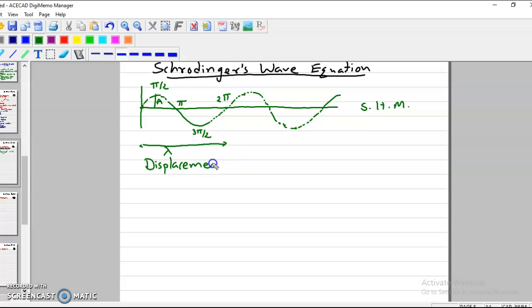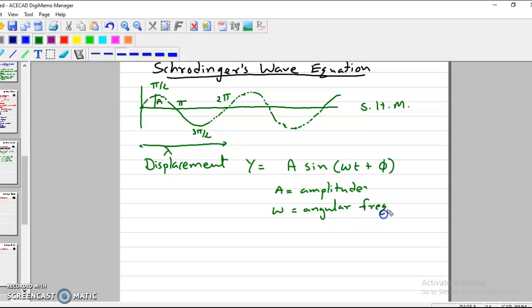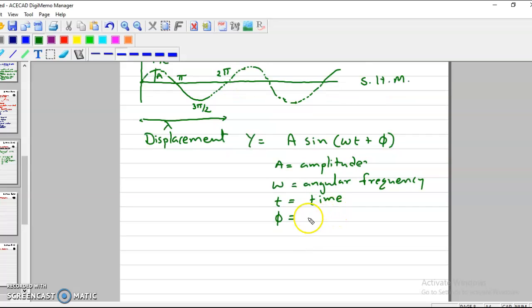by displacement. So for this displacement, y is equal to, we have a very common equation, a sine omega t plus phi, where a is the amplitude of the wave, omega is the angular frequency, t is time, and phi is the initial phase.